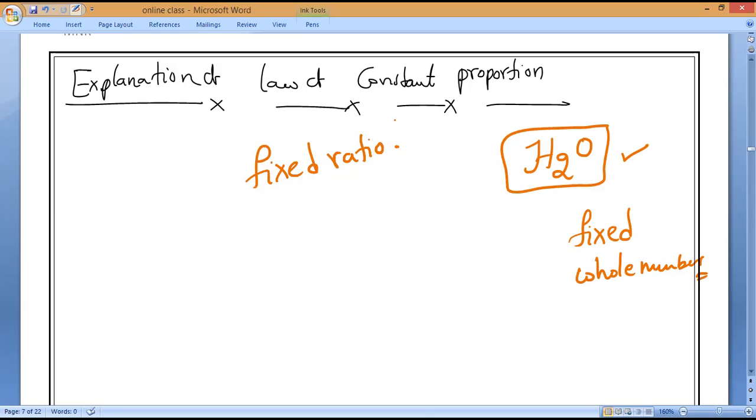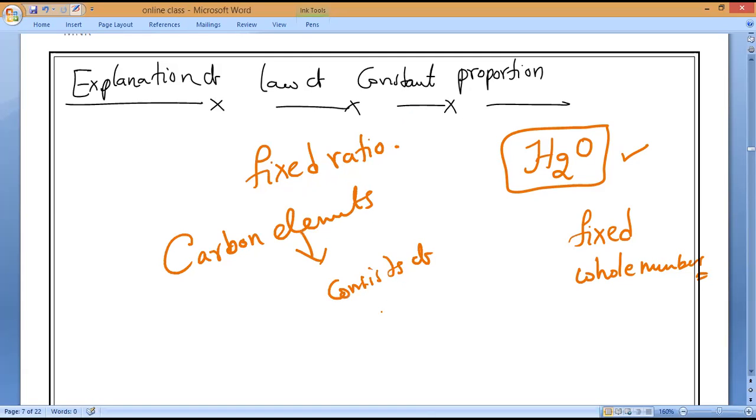For example, if we take carbon element, it consists of what atoms? Carbon atoms.